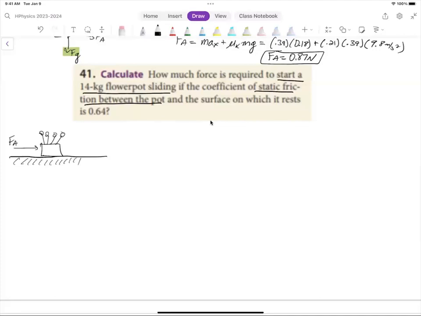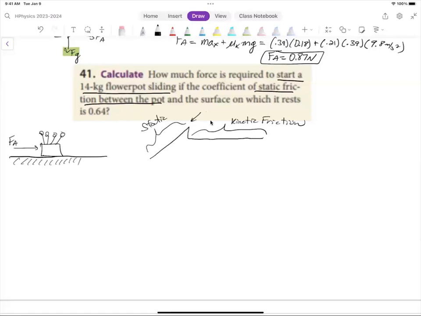So if you recall, static friction will reach a maximum, and then I will drop to a constant kinetic friction. So this is my kinetic friction region. This is my static friction.